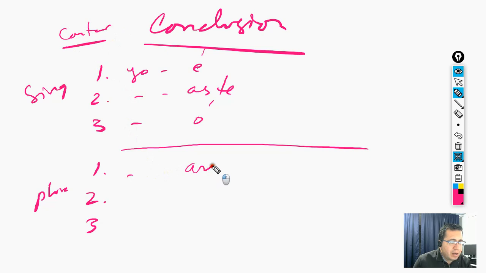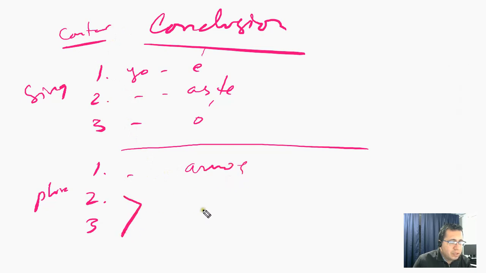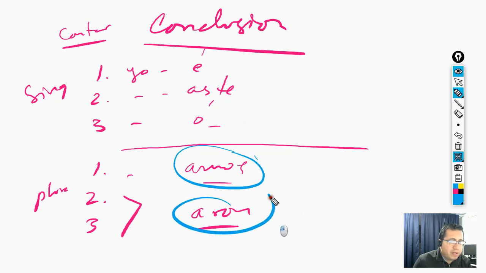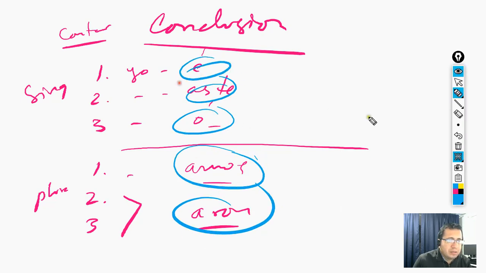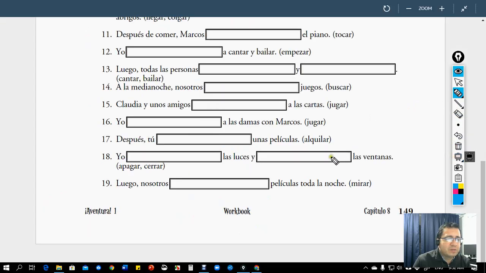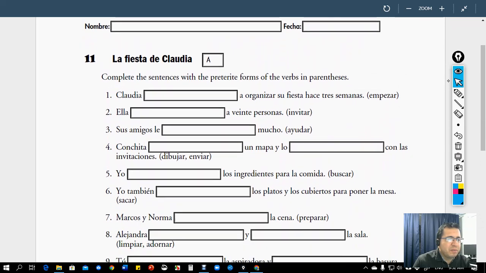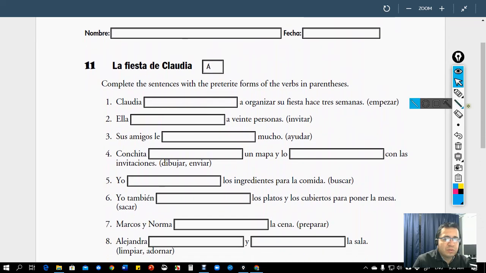Nosotros cantamos, ustedes y ellos what? Cantaron. So keep those conjugations as a formula for each person and you won't have any problem. So we are gonna go back to the assignment here and we are gonna take care of each one of them. Remember how to conjugate those correctly. Okay? All right.